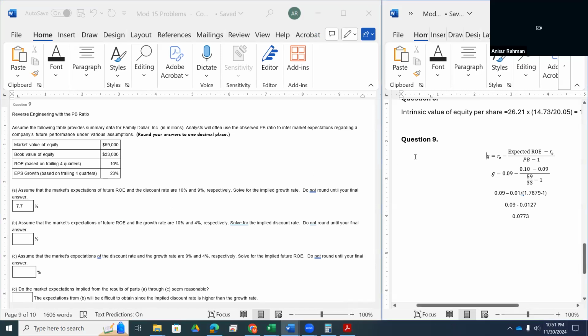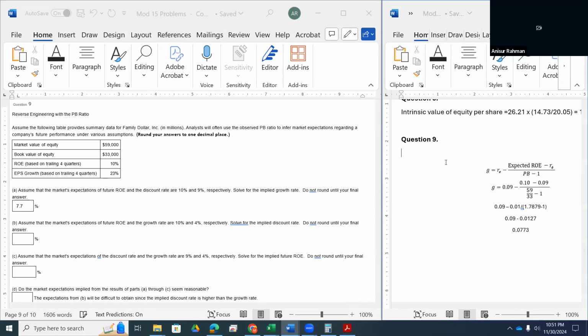So that was our part A. Now for part B, just to clarify further: we calculated the PB ratio given our market value of equity and book value of equity, and we assumed that our expectations for future ROE and our discount rate are 10% and 9%.